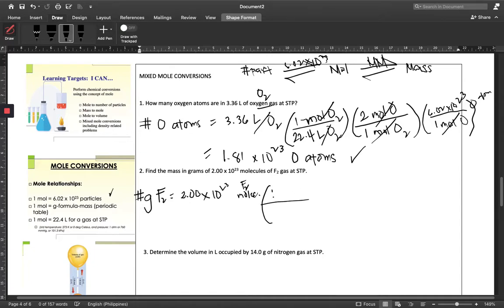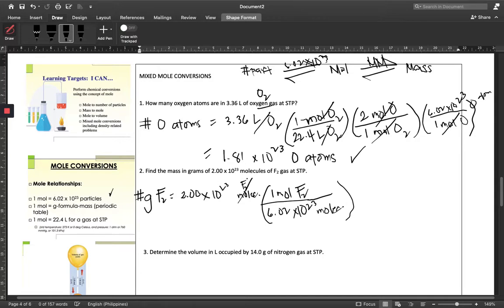So we know that 1 mole of F2 is equal to 6.02 times 10 to the 23 molecules, right? So this many molecules are present in 1 mole.